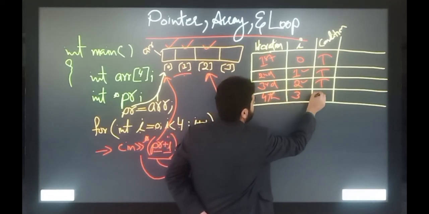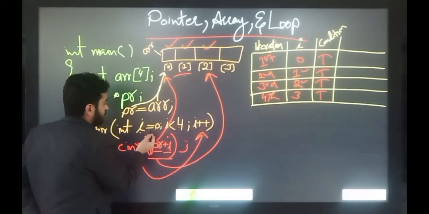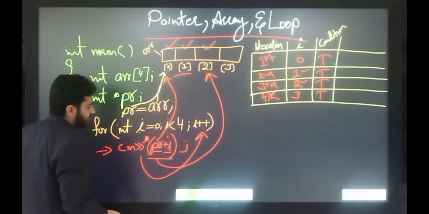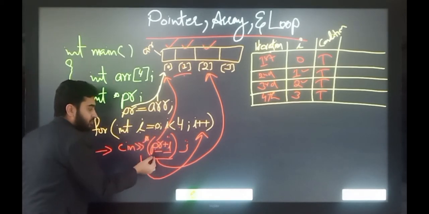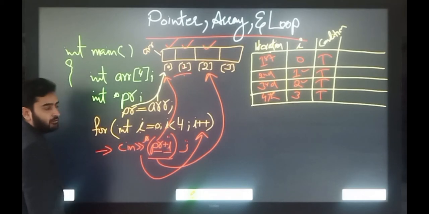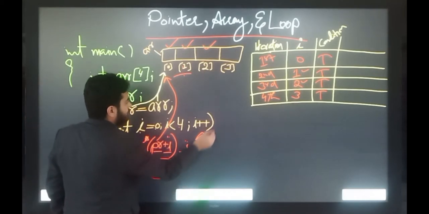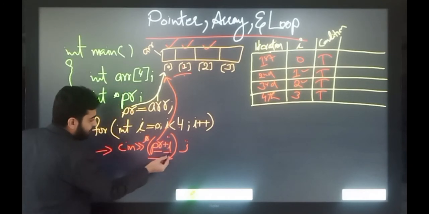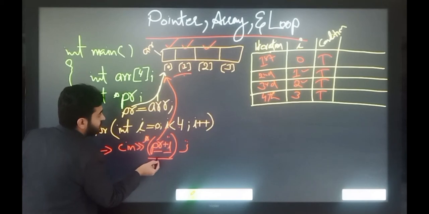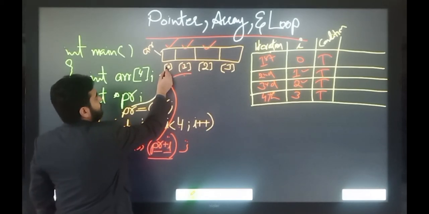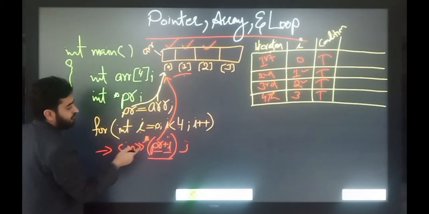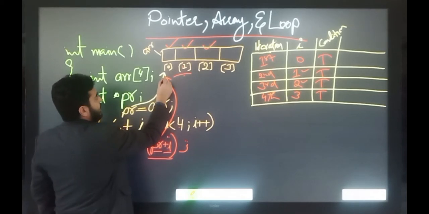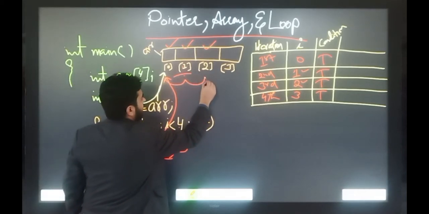Okay, so the execution then will come to the update statement, and in the fourth iteration I will become 3, and the condition will become true. So 3 is less than 4, yes, then I is now 3, so 3 will be added to the pointer. Because we are adding 3 to the pointer, PR is pointing to the first location, and we are adding 3, this is adding 1 plus 1 plus 1.